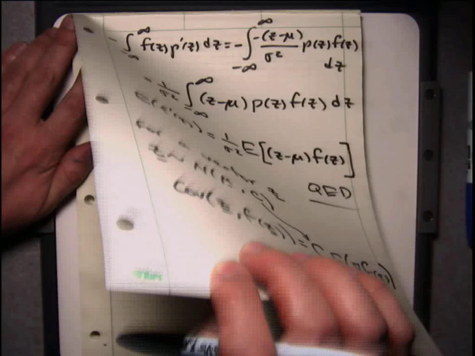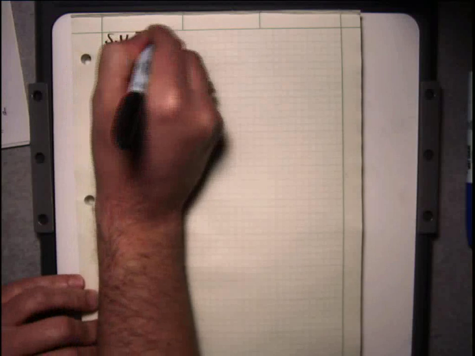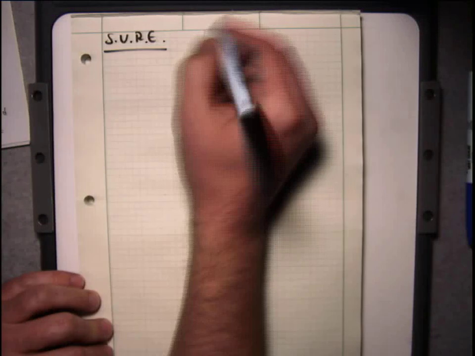This is just the setup, and now we're going to go after computing Stein's unbiased risk estimator. All right, here's how we start.